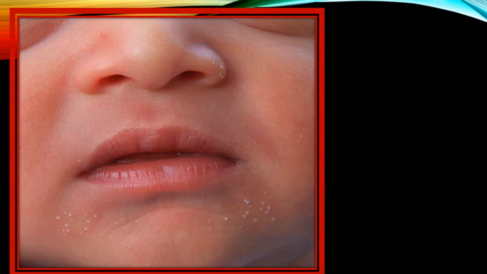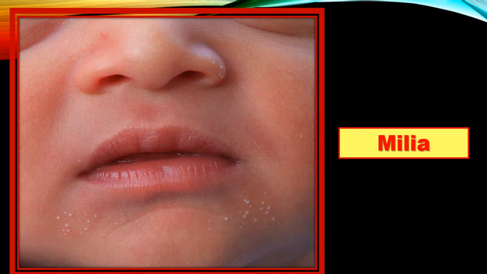What we can see here in this slide are whitish small papules on the nose and on the chin, on both sides of the mouth. This is called milia, which is due to obstruction of the pilosebaceous gland or keratinization, called retention cysts found in the pilosebaceous gland.